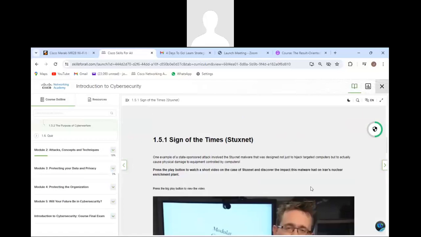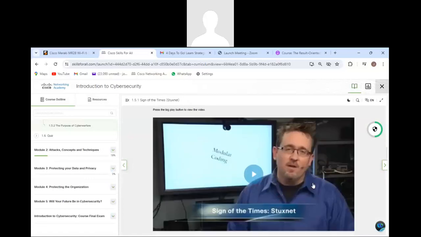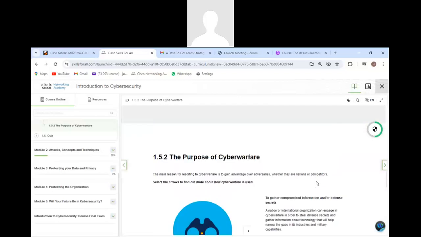Stuxnet is a malicious code designed to attack an organization, but mostly infrastructures are the target, like the power grid, the water system, and the telecommunication system. You hear news like a telecommunication cable under the Red Sea being cut off. These are examples of cyber warfare.